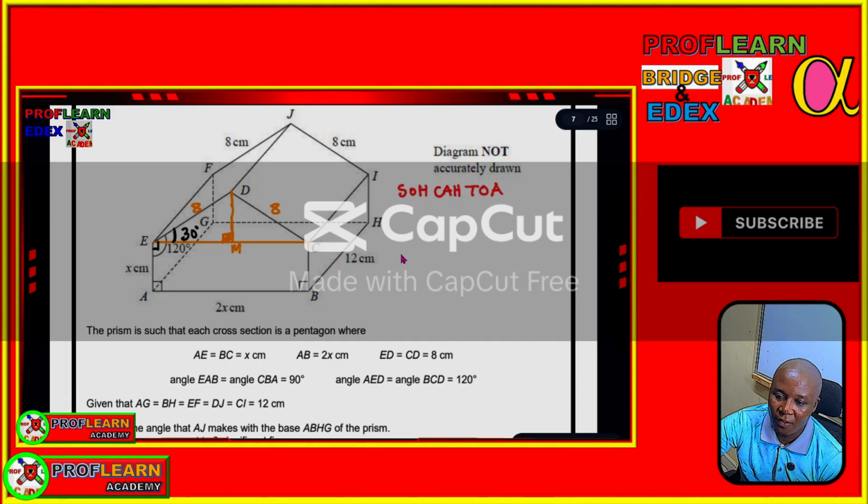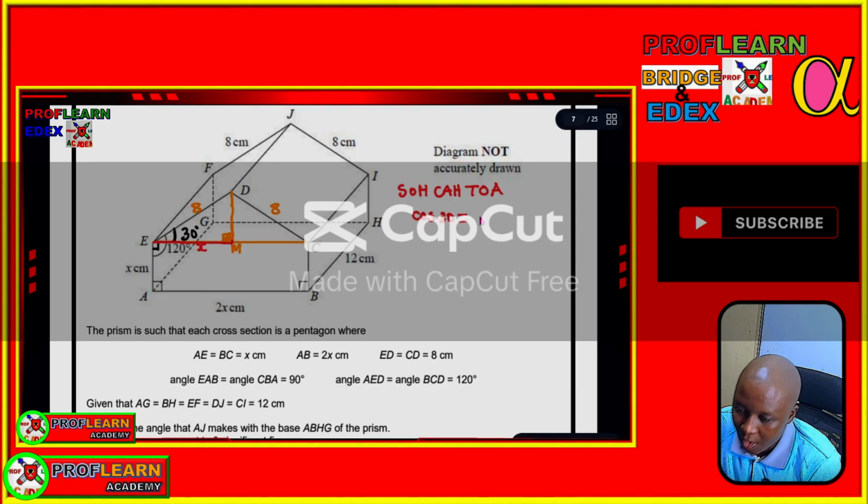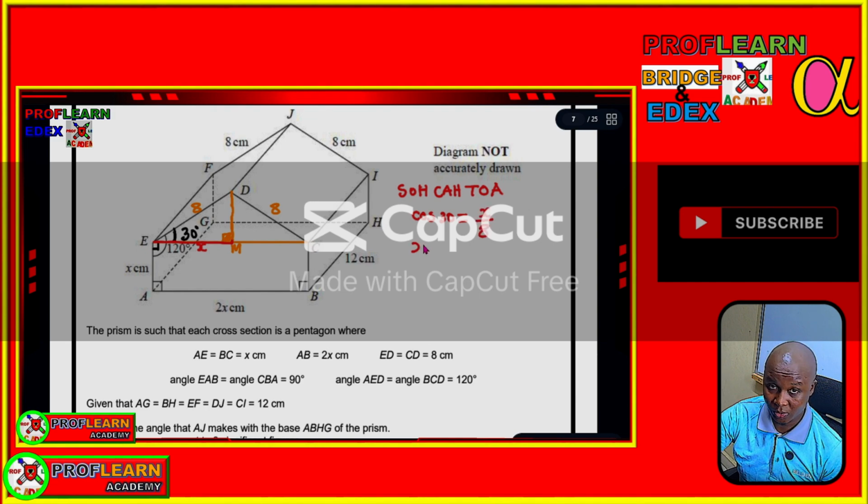Since we have ED equals 8 centimeters, we can find x. This is hypotenuse and adjacent, so cos 30 degrees equals adjacent over hypotenuse, SOHCAHTOA, right?